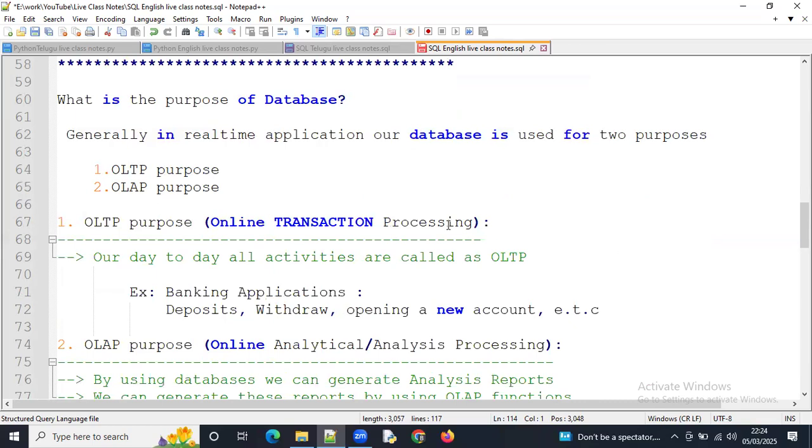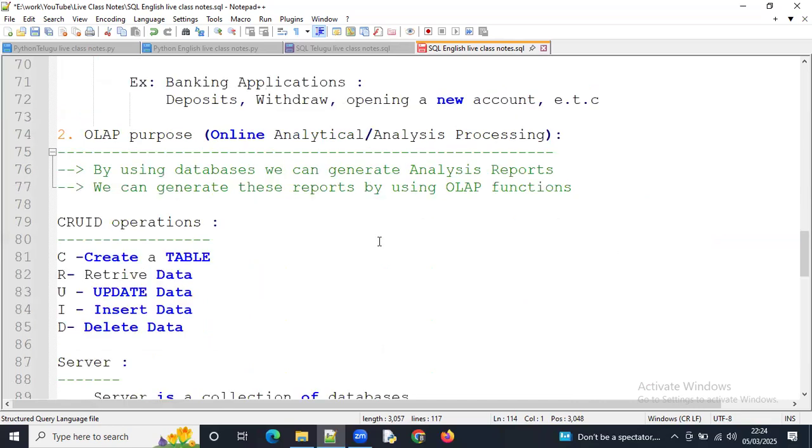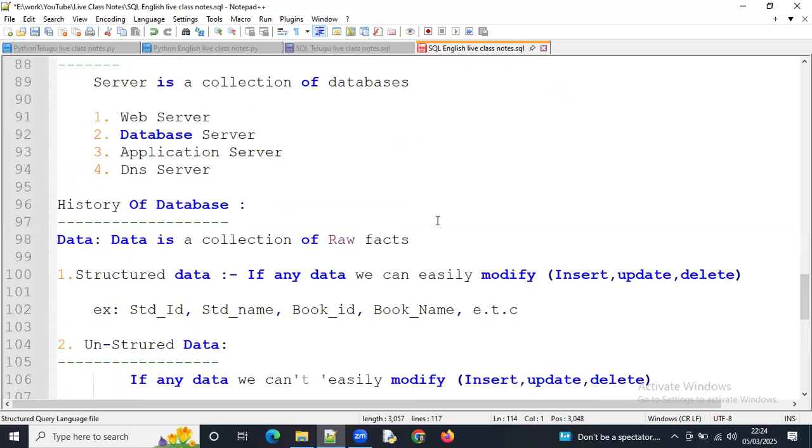The first one is OLTP and the second one is OLAP. OLTP stands for online transaction processing, while OLAP stands for online analytical or analysis processing. We have also discussed CRUD operations: create, retrieve, update, insert, delete.